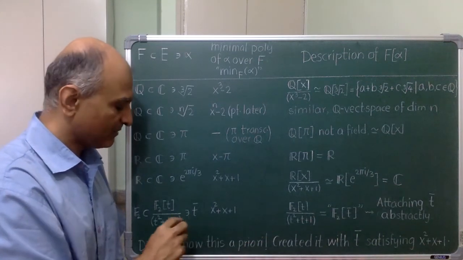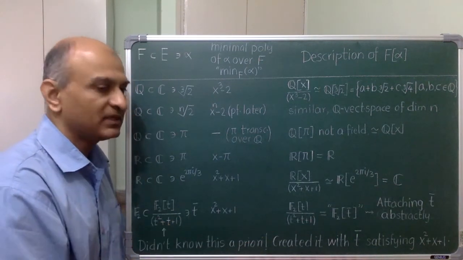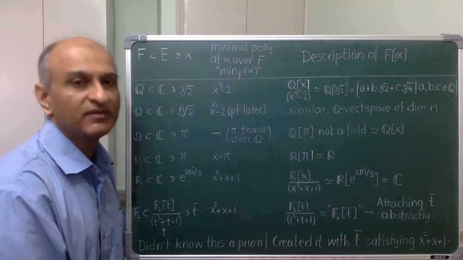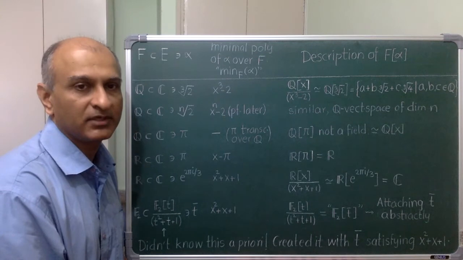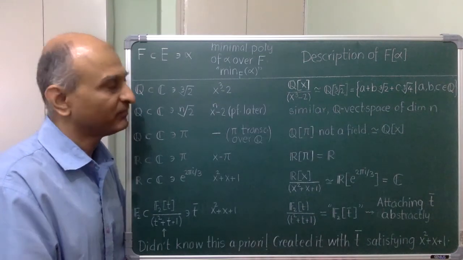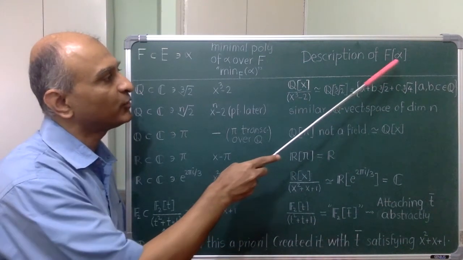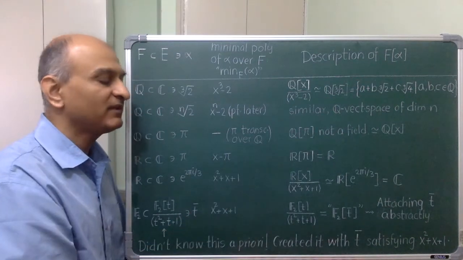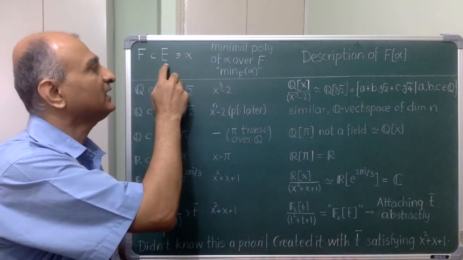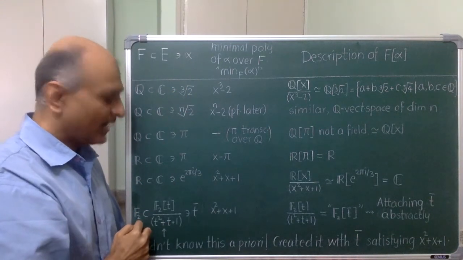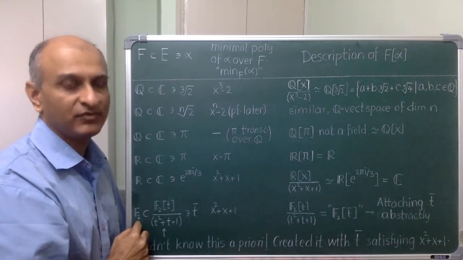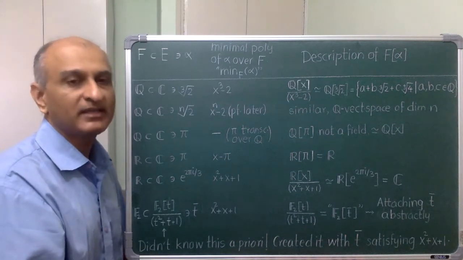This final example is also old, but it doesn't quite fit yet in our new language. So you should think why and see what can be done about it. The point is, to adjoin alpha to F, I need to have in advance an E that contains F as well as alpha. Here, I don't have anything that contains F2 in advance. So I created it.